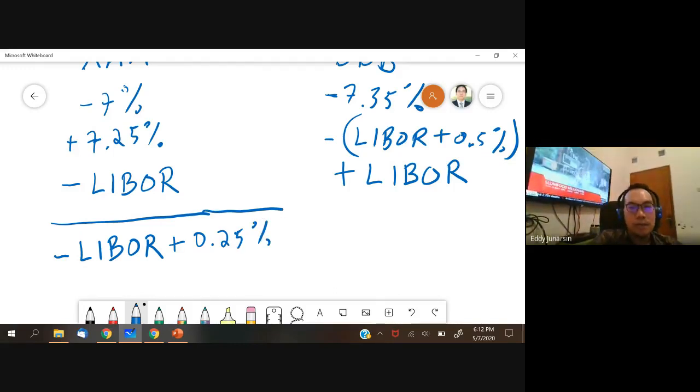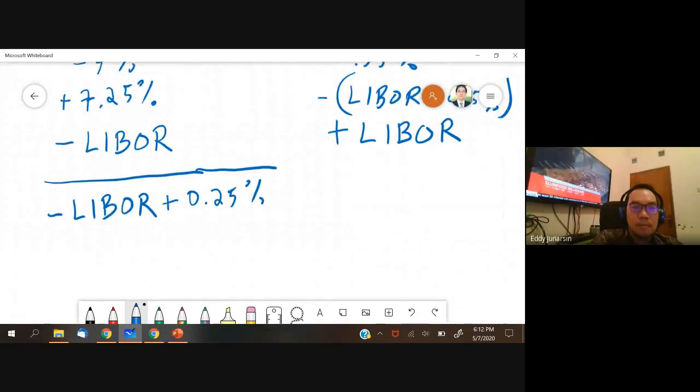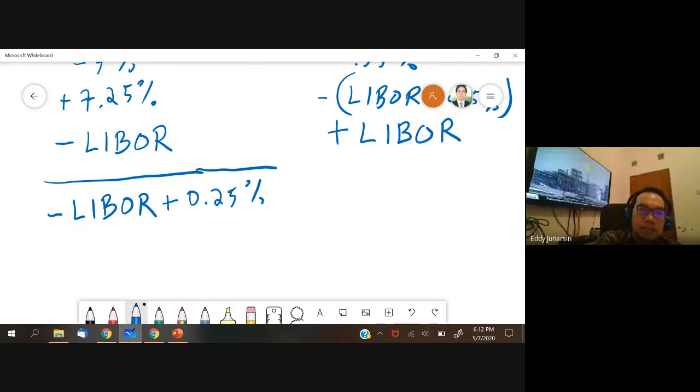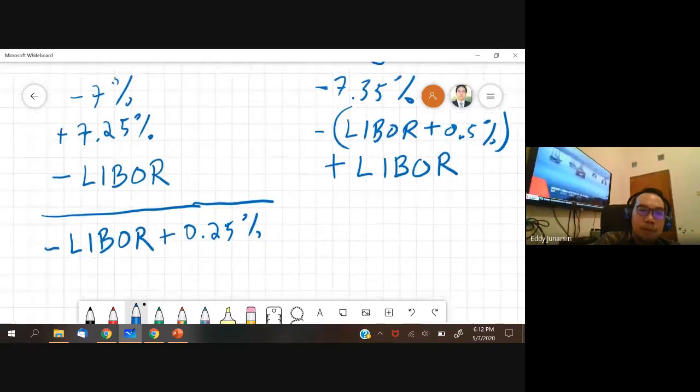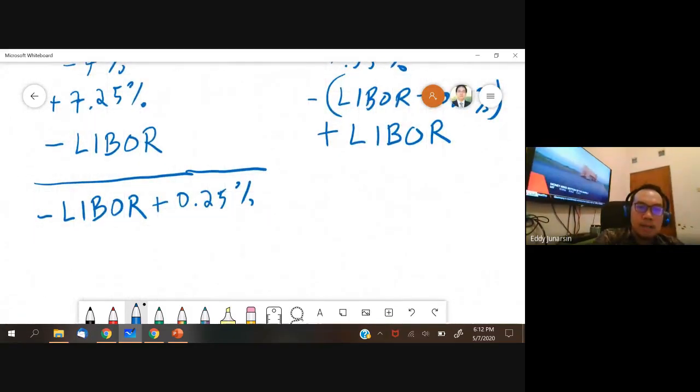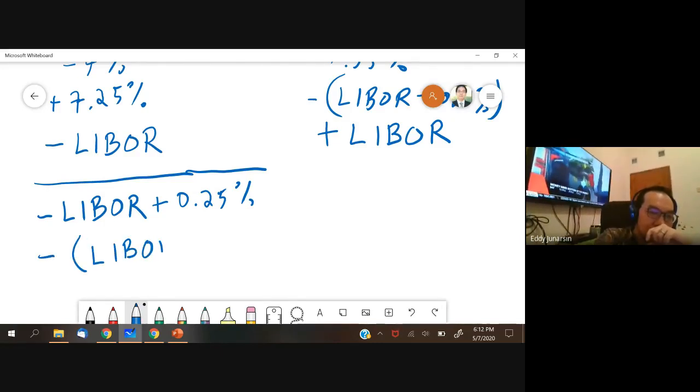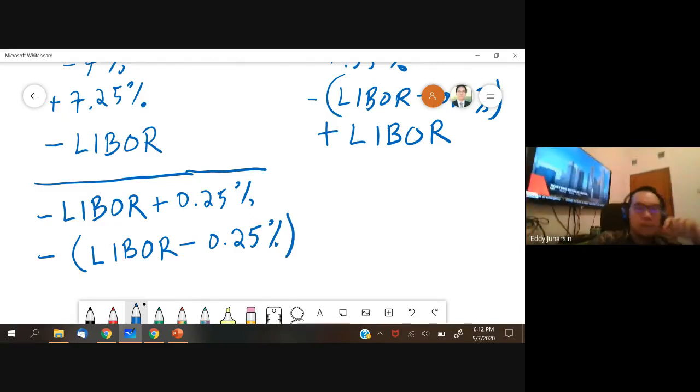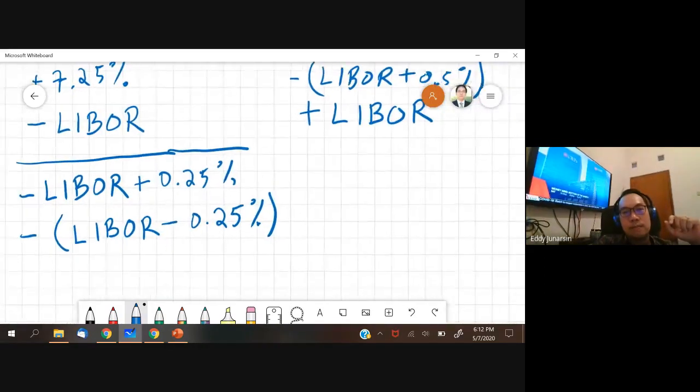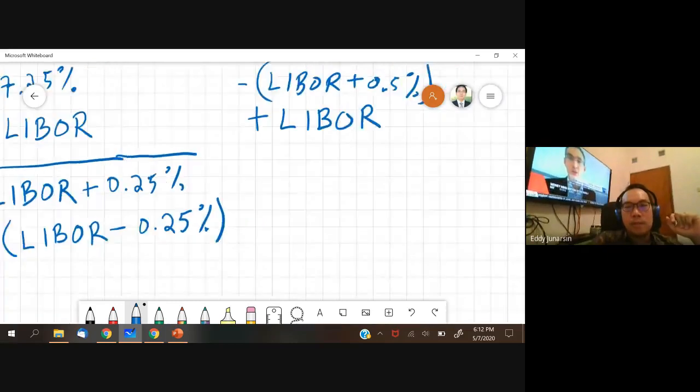Okay, so if we put it more appropriately, because this is minus, right? And this is plus, you can see here, minus 7 plus 7.25, so plus 0.25%. So we could write it this way, right? What about this one?